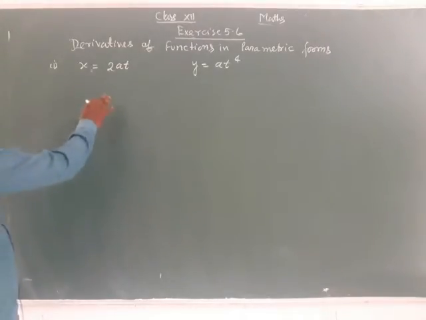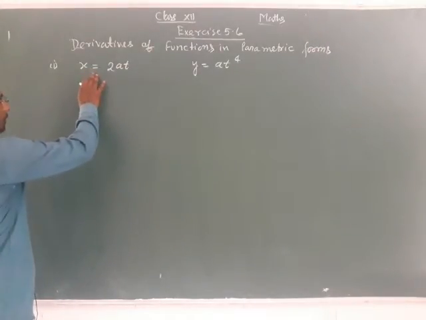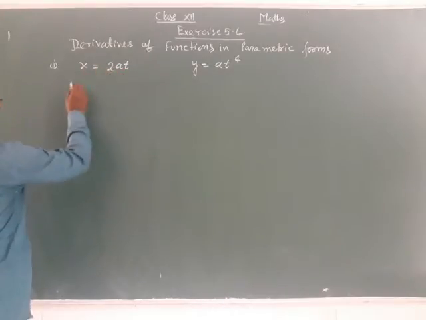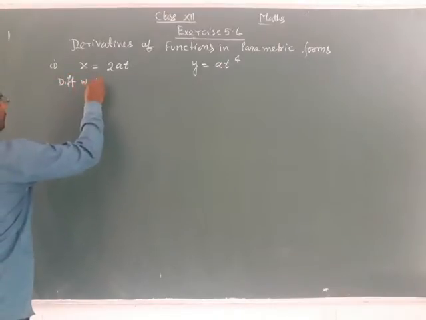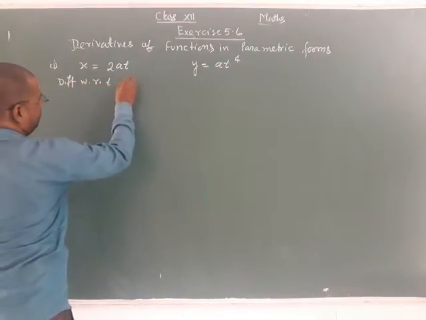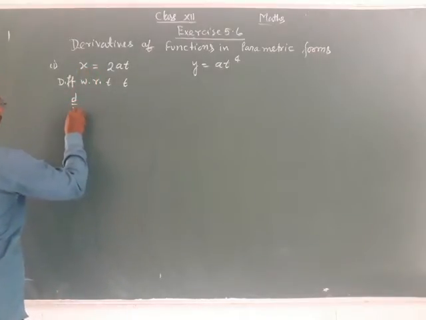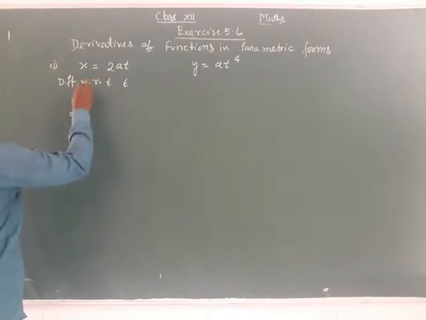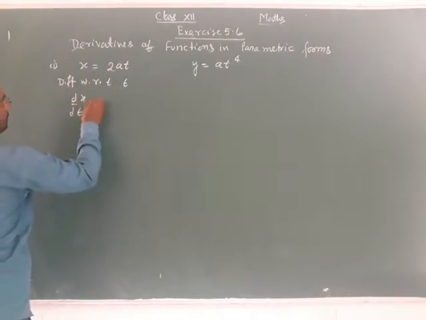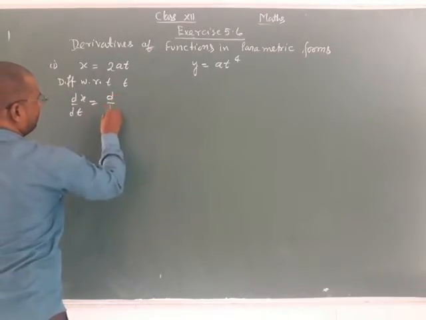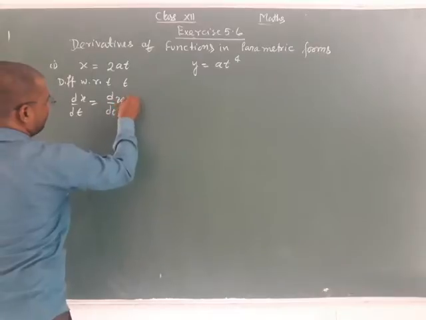So now differentiate with respect to t. d upon dt of x is equal to 2 d upon dt of at.